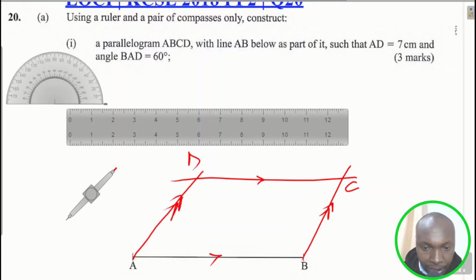So two opposite sides should be parallel and equal. If for example I take the measurement of AB, it should be the same as DC. Then if this one is 7, this one should be 7 centimeters. So I'll measure the length of AB, and then proceed. So that is just a sketch.